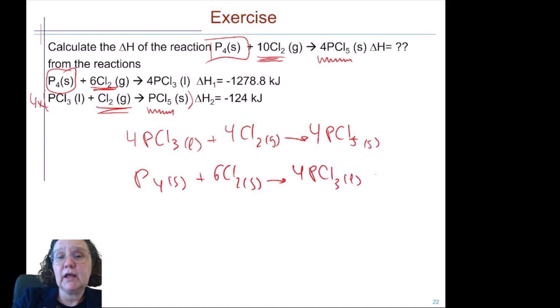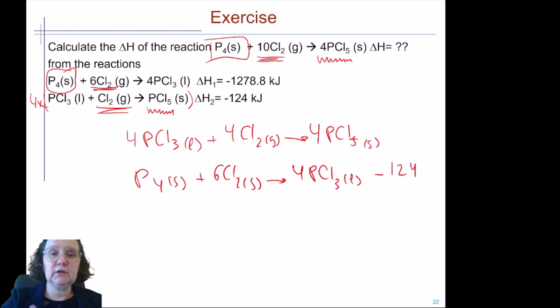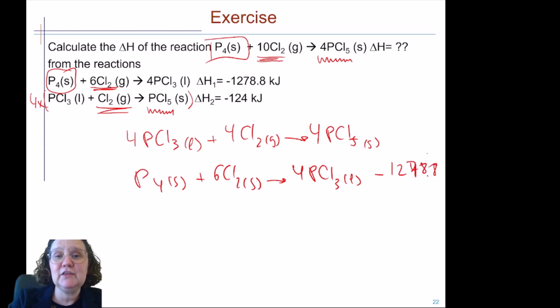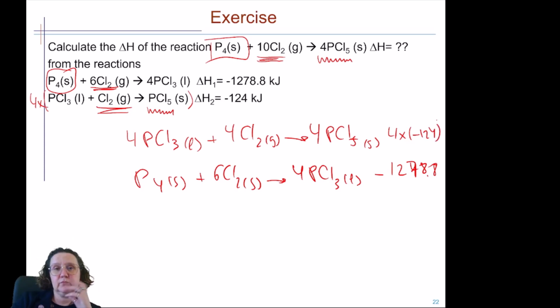So this one, I haven't done anything with the equation. 1278.8. I haven't done anything with it. The other one I have multiplied by 4. So I put this here just not to forget.